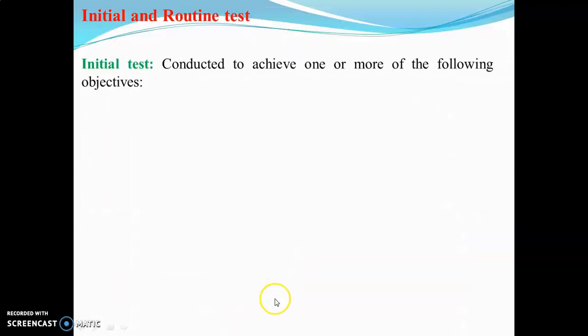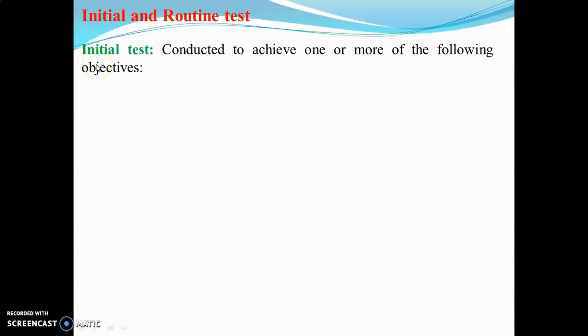Okay, so now let us discuss initial and routine tests. First, let us discuss the initial test.